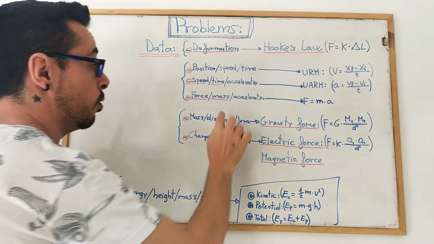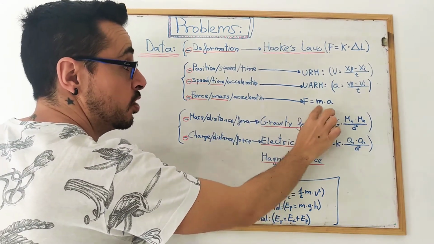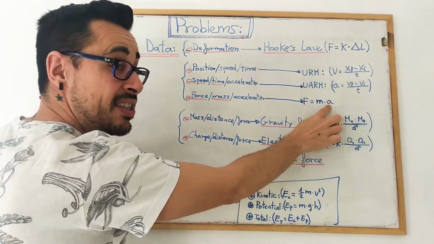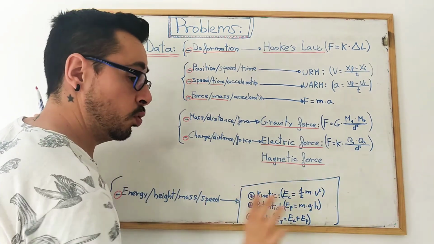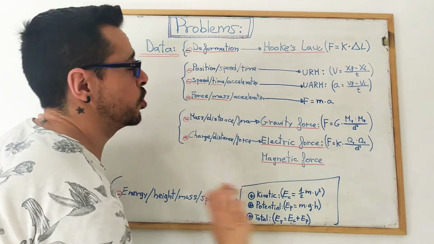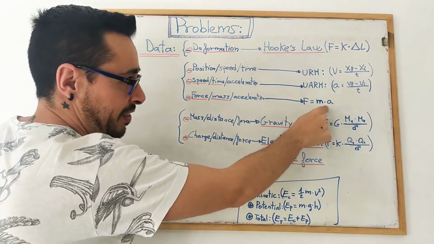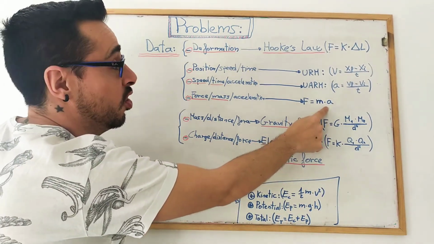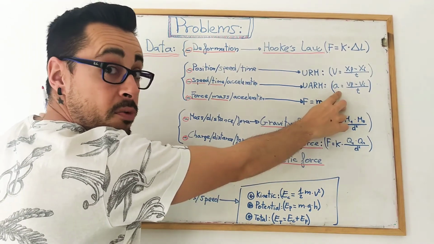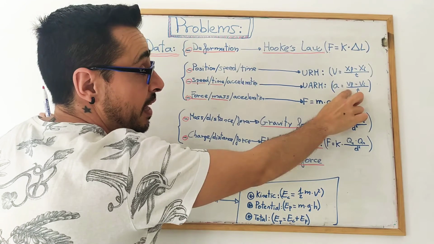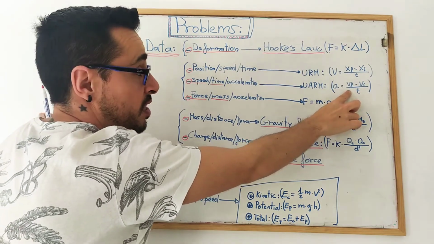With the force and the mass, you can calculate the acceleration that the object is going to take when we push it. After this, with the data of the acceleration, you can calculate with this formula the final velocity of that object.